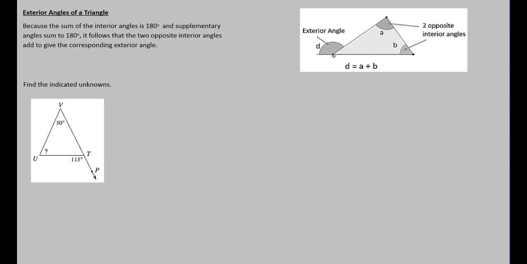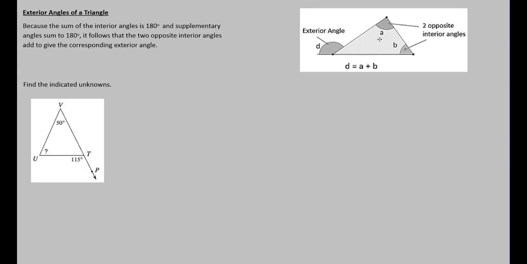The exterior angle of a triangle is simply the sum of the two opposite interior angles, just like this diagram shows. So the A angle and the B angle put together make this opposite D angle.